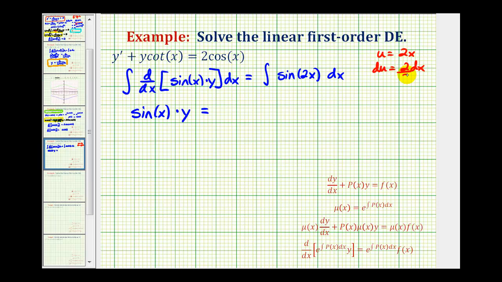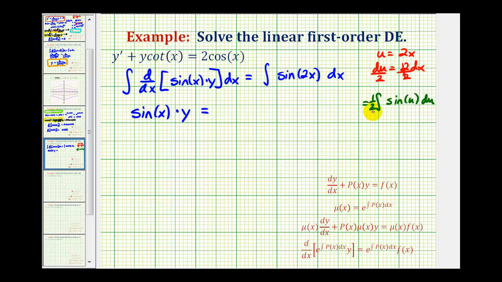So if we divide both sides by 2, we can see that dx is equal to 1/2 du. So if we wrote this in terms of u, we would have the integral of sine u, and again, dx is equal to 1/2 du, so we have this extra factor of 1/2.